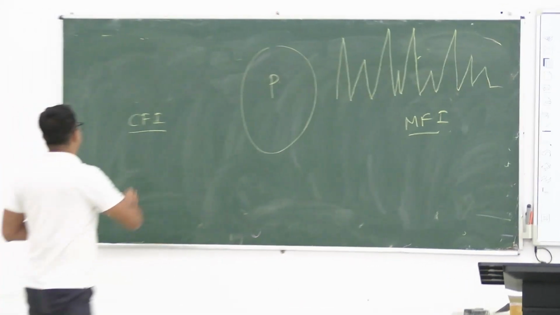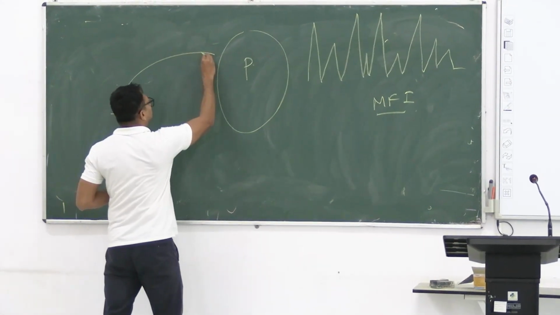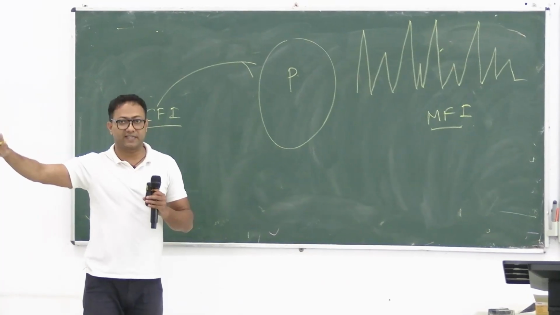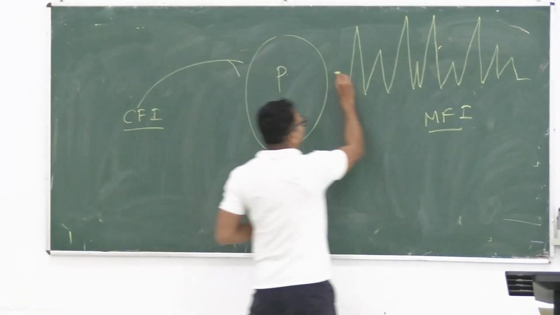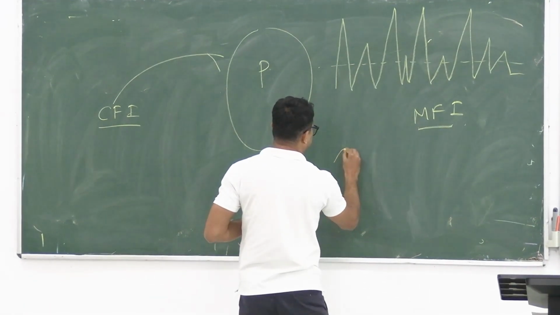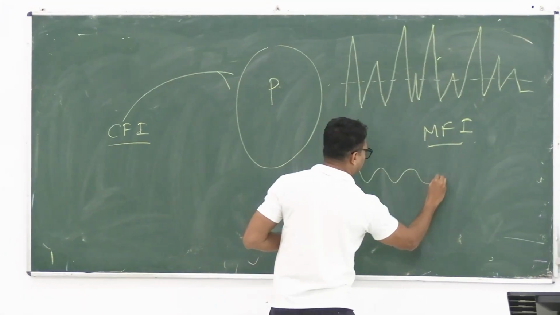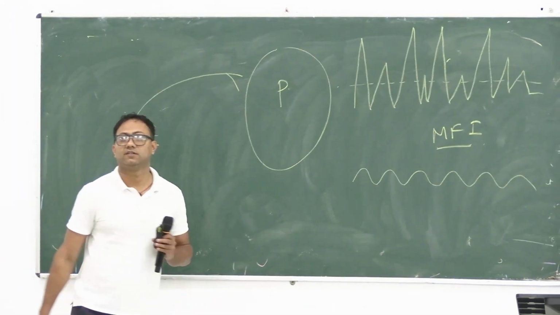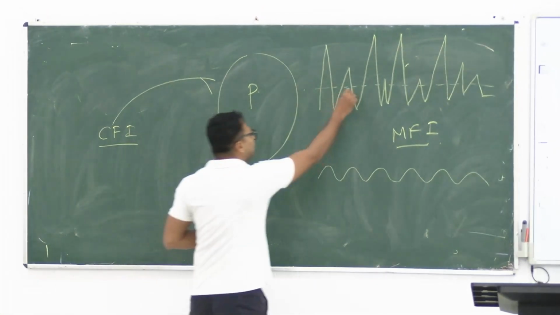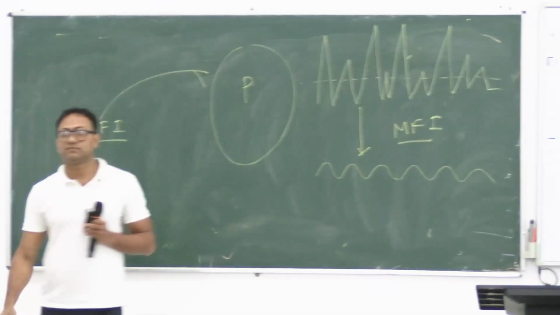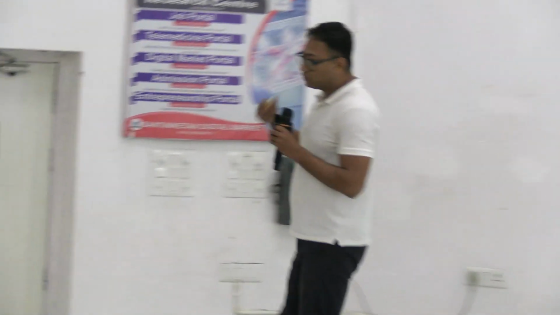But when climbing fiber input converges on the Purkinje cell, it smoothens up all the things.